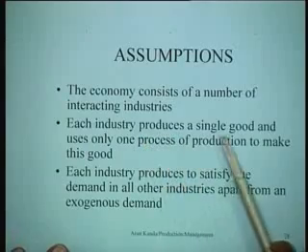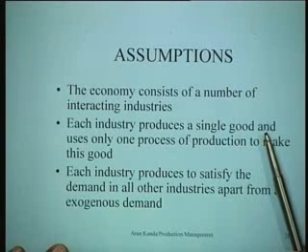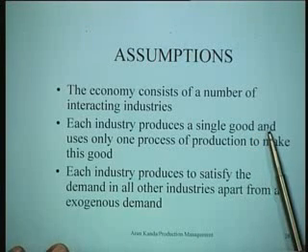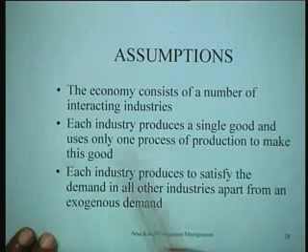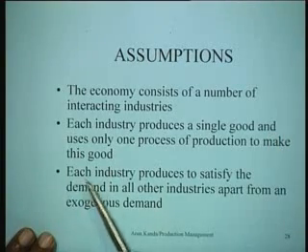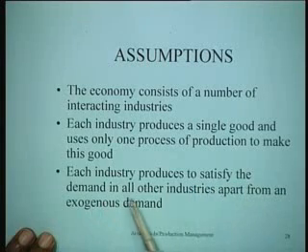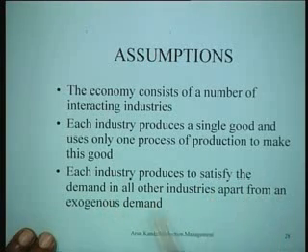Normally in Leontief's input-output model, we tend to work with financial units. So this is what we mean by saying that it produces a single good. It doesn't mean that the automobile sector produces a single good; that single good is automobile, and each automobile could be different. So each industry produces to satisfy the demand in all other industries, apart from an exogenous demand.